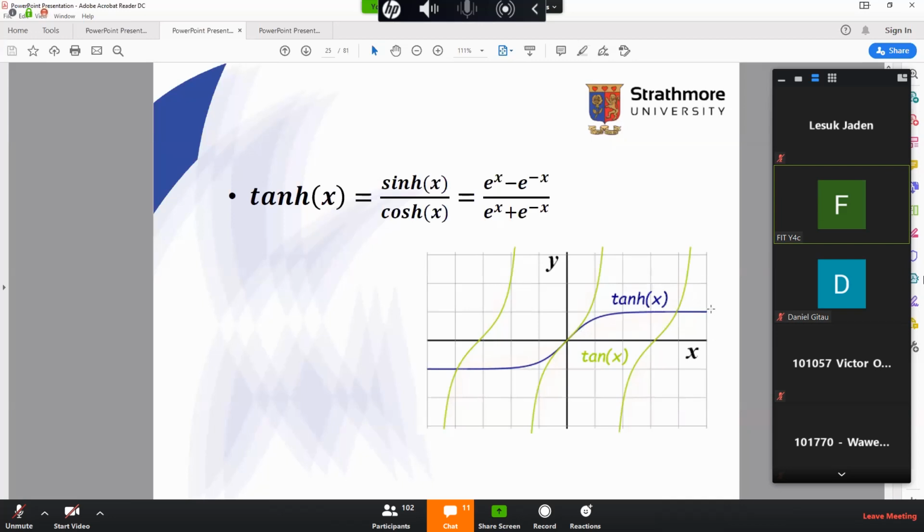Now, because of the shape of this tanh, if you are looking for a graph or a function that has this S kind of shape, then hyperbolic tan actually has that shape. I told you the shape is one of the most important things here. So even though tan misbehaves like this, hyperbolic tan looks so smooth and nice.